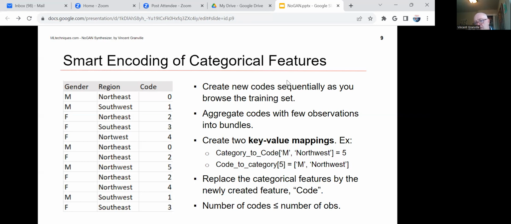Based on the way the algorithm is structured, you're essentially processing your numerical features and your categorical features without any difference, and the evaluation metric is going to be the same. So it simplifies things quite a bit.